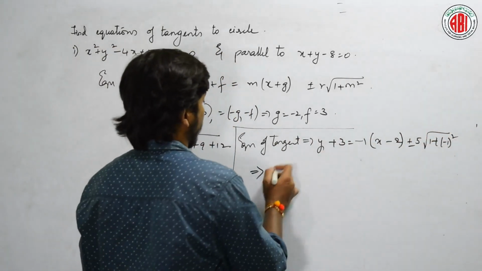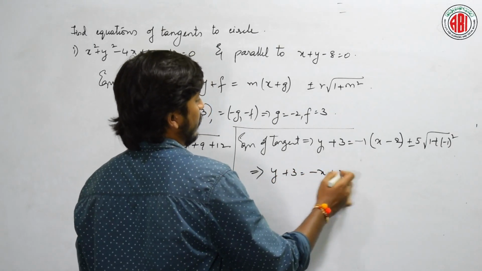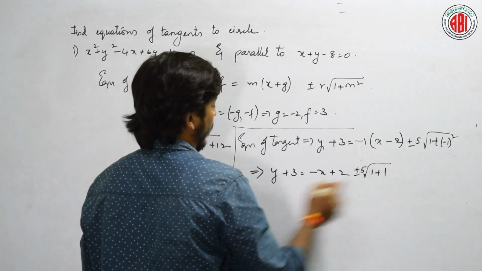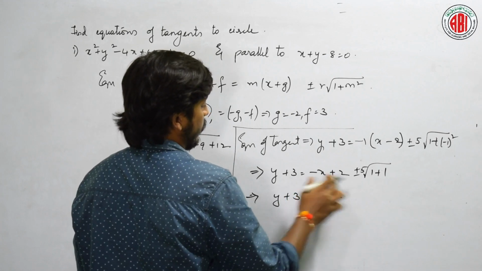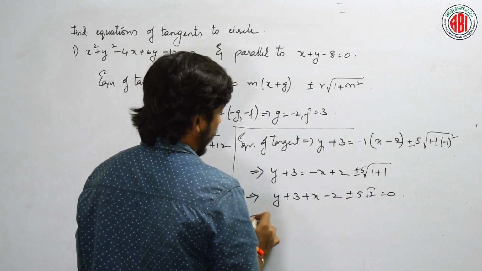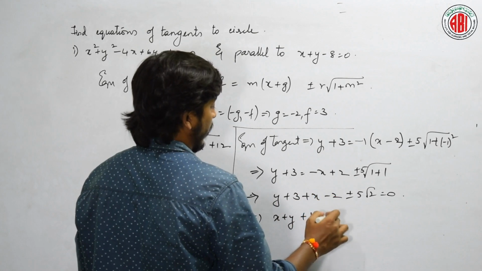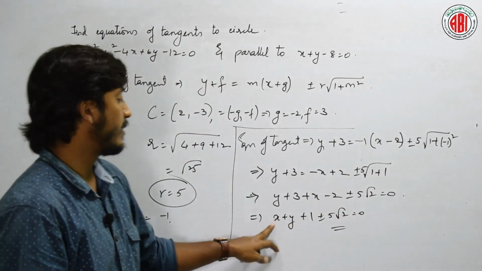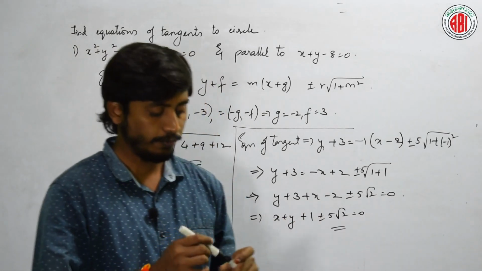So let us simplify this: y + 3 = −(x − 2) ± 5√(1 + 1), that is y + 3 + x − 2 = ± 5√2, which is nothing but x + y + 1 = ± 5√2. These are two equations: x + y + 1 + 5√2 = 0 and x + y + 1 − 5√2 = 0. Clear?